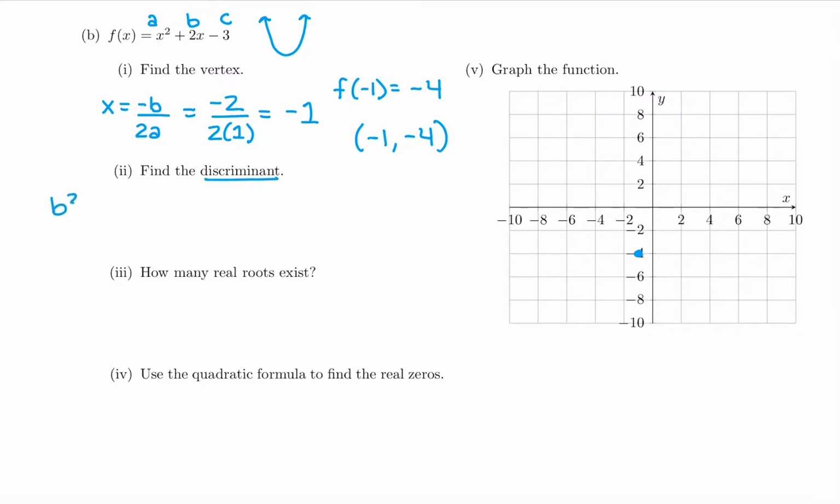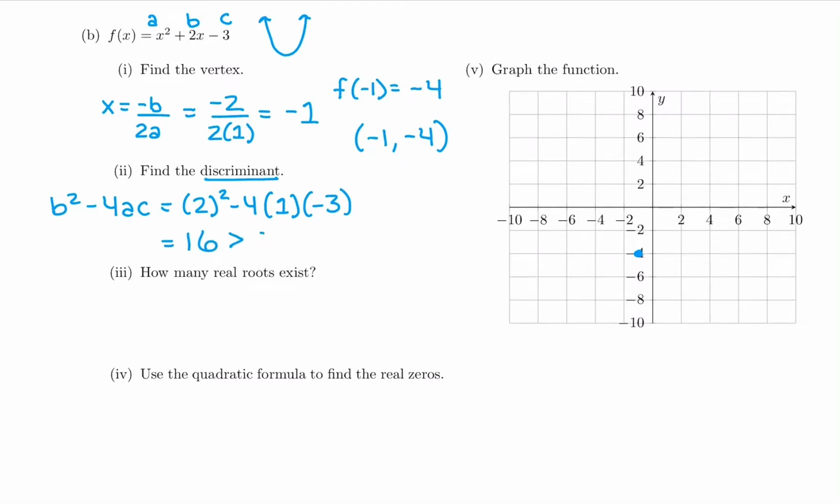The discriminant is always b squared minus 4ac. So in this case, we have 2 squared minus 4 times 1 times negative 3. So we really have 4 plus 12 is what it ends up being. So we get 16.